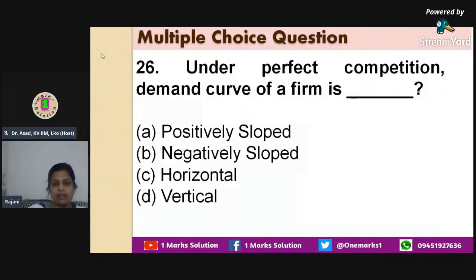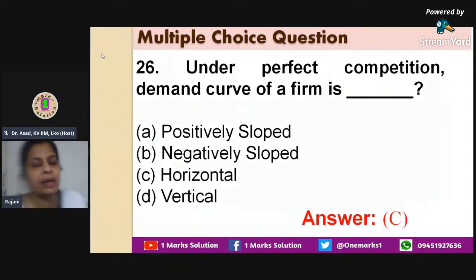The demand curve of a firm is parallel to the x-axis, because it is a price taker with no influence on the market. So the correct answer is horizontal, because in the beginning I shared the slide. See the shape of the demand curve: price is equal to average revenue curve is equal to marginal revenue curve.